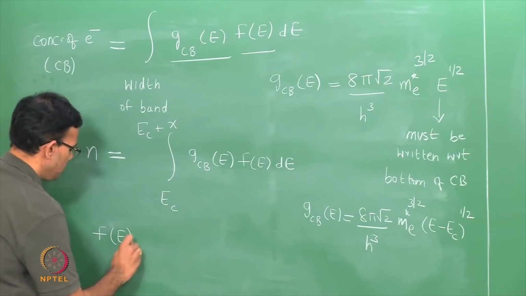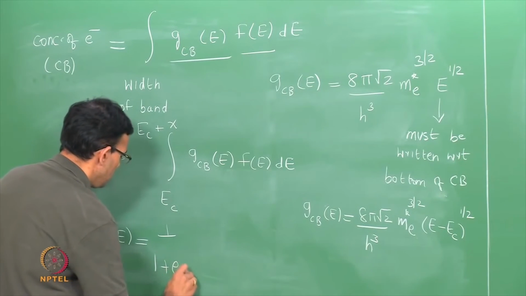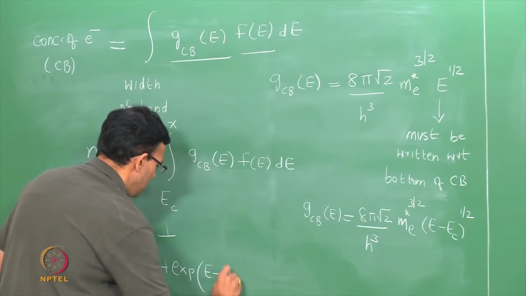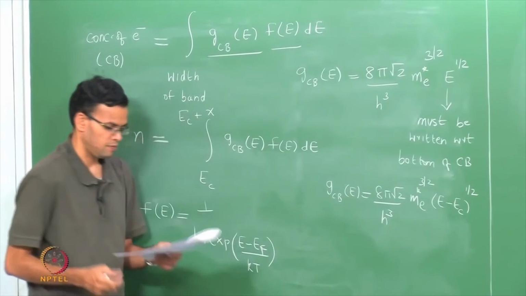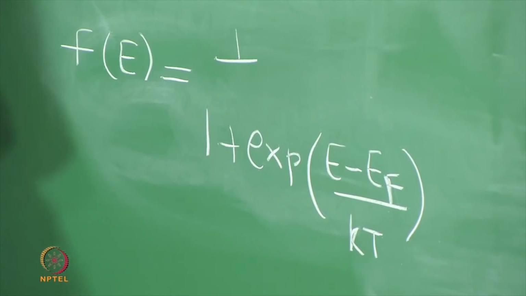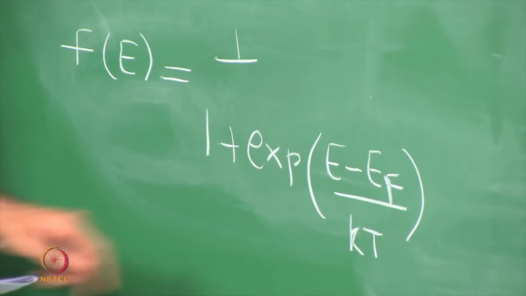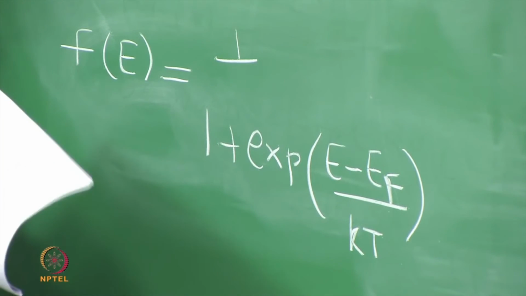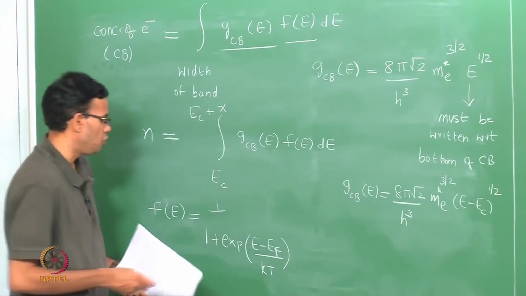F of E is 1 over 1 plus exponential E minus EF over kT. Usually in the case of silicon, and you will actually show it explicitly later on, E minus EF will be of the order of electron volts, or greater than 0.5 electron volts. kT is usually of the order of milli electron volts.